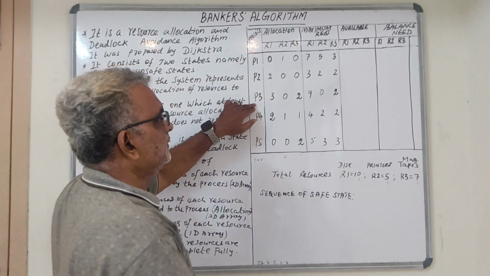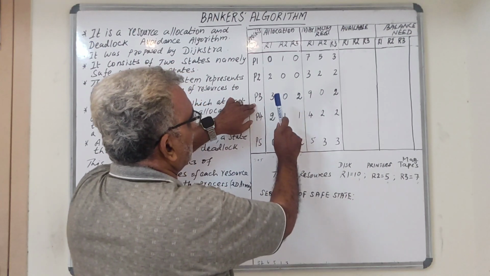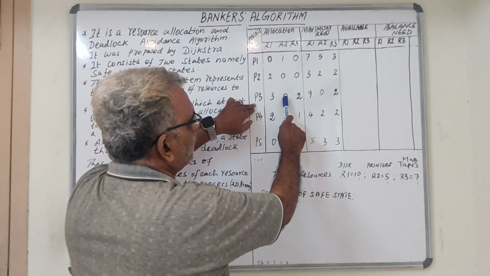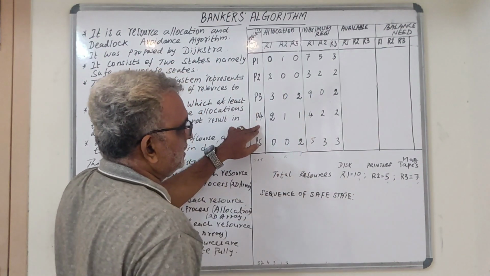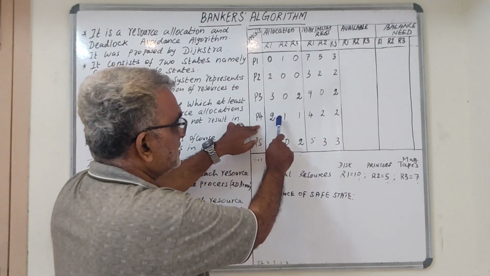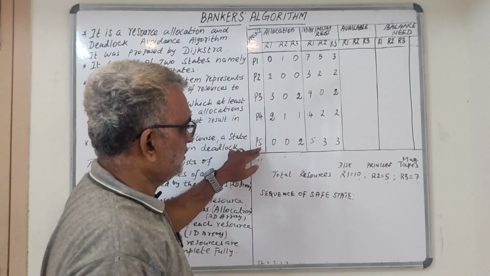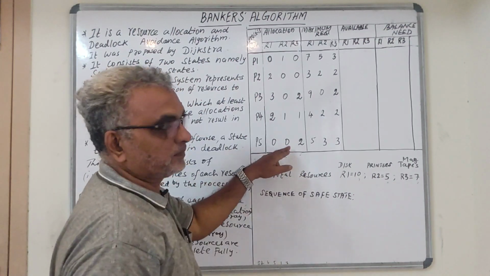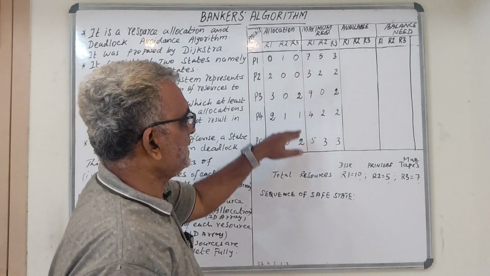For P3, 3 instances of resource 1 are allocated, no instances of R2, and 2 instances of resource 3 are allocated. For P4, it is 2 instances of resource 1, 1 instance of resource 2, and 1 instance of resource 3. For P5, resource 1 and resource 2 are not allocated and 2 instances of resource 3 are allocated.